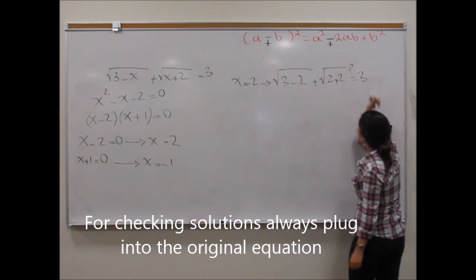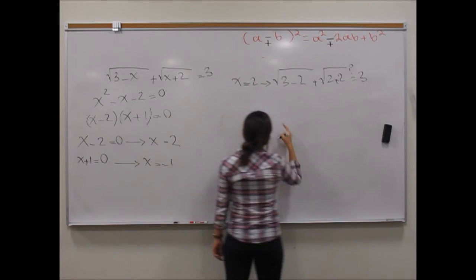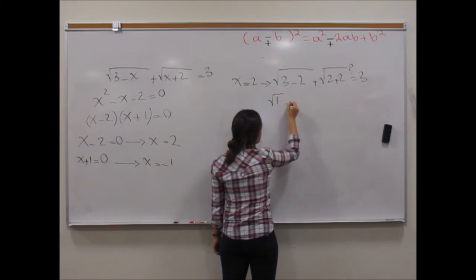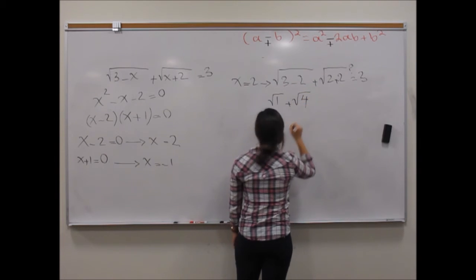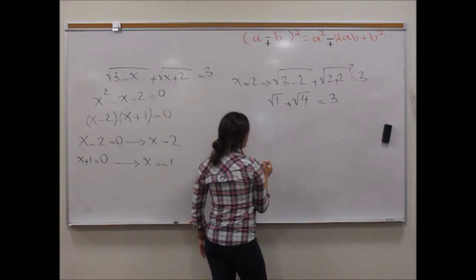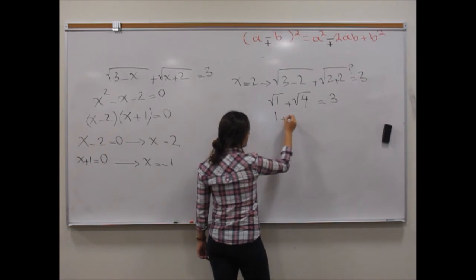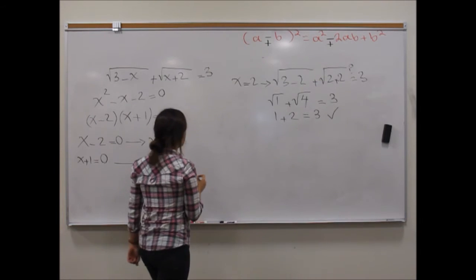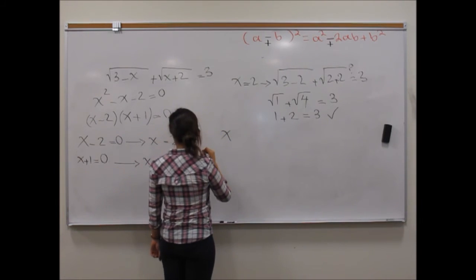Let's see if that is correct or not. So 3 minus 2 is 1. Radical 1 plus radical 4 equals 3. So this would be 1 plus 2, which is correct. So this one works.